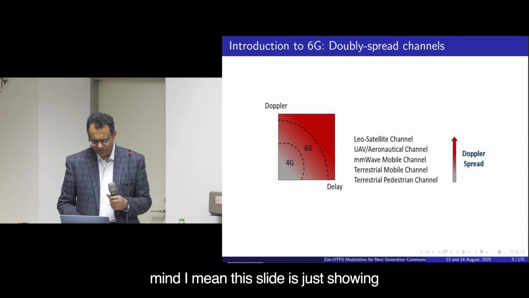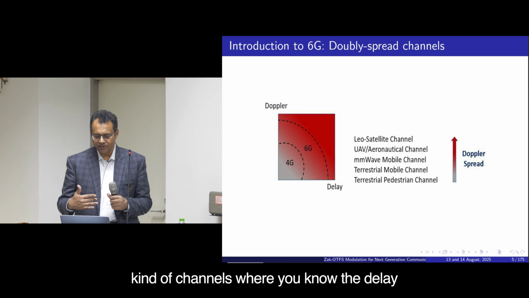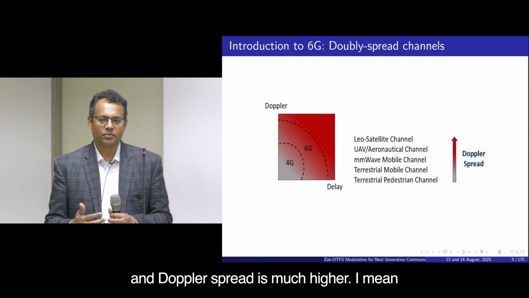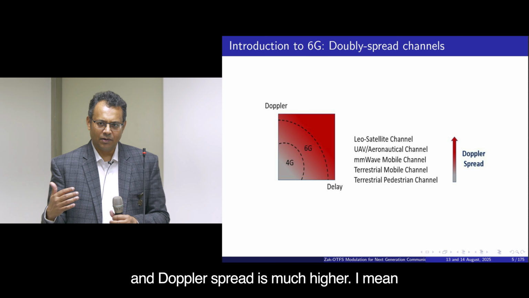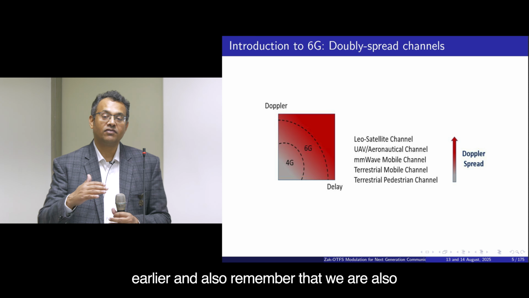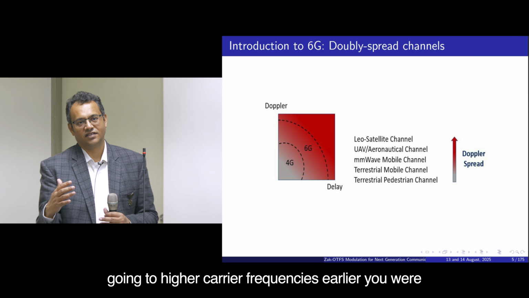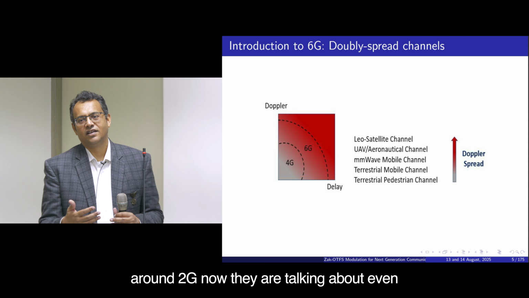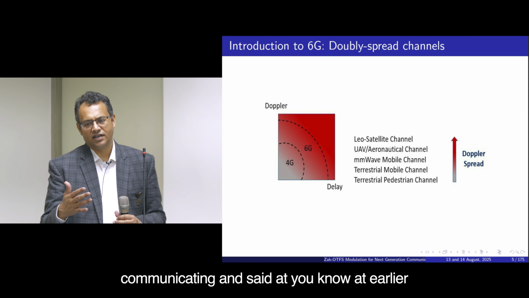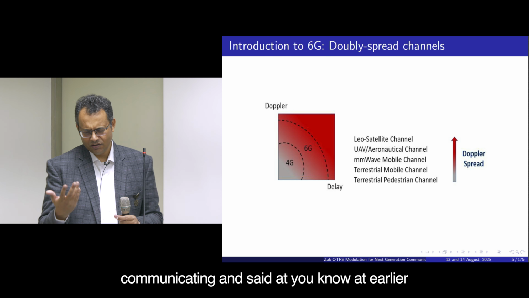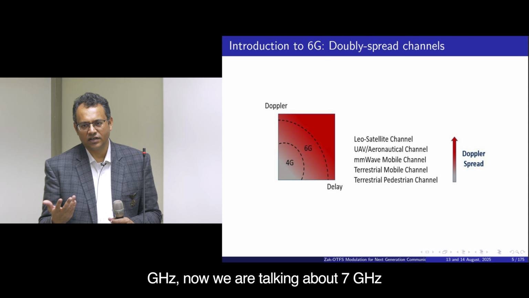This slide is just showing that as you went from 5G to 6G, you get this new kind of channels where the delay and Doppler spread is much higher. Also remember that we are going to higher carrier frequencies. Earlier you were around carrier frequencies of 2 gigahertz.